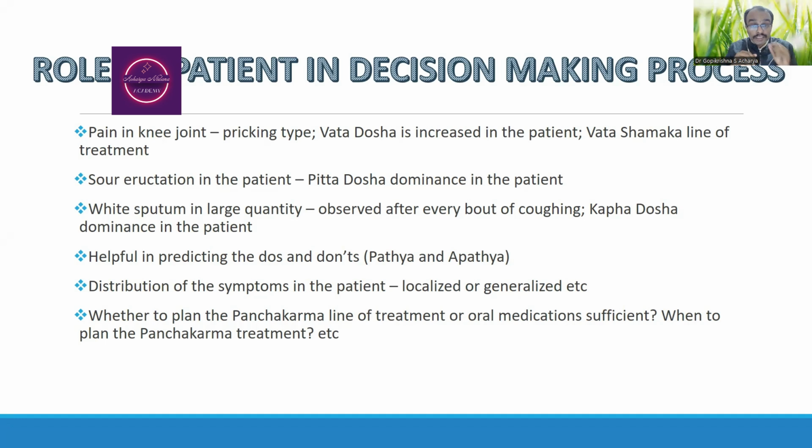Ratri Jagarana has to be supplemented with Divaswapna, that too half the amount of the Ratri Jagarana. Suppose the person is doing Ratri Jagarana of 3 hours, the Divaswapna should be done for 1.5 hours, that too before taking breakfast.